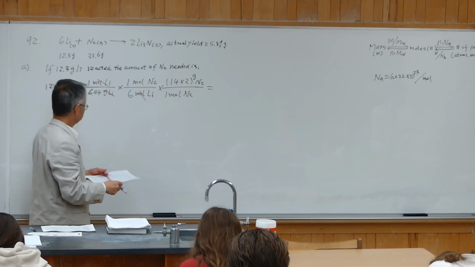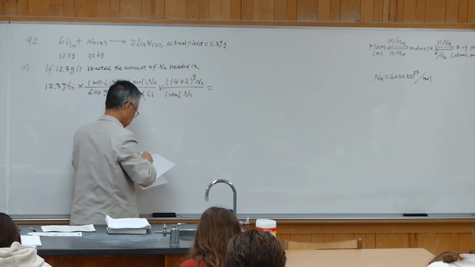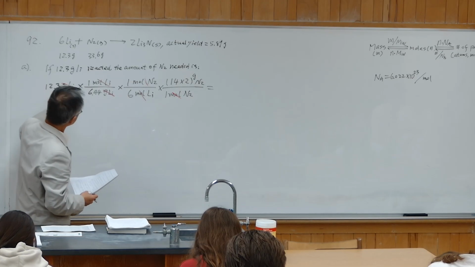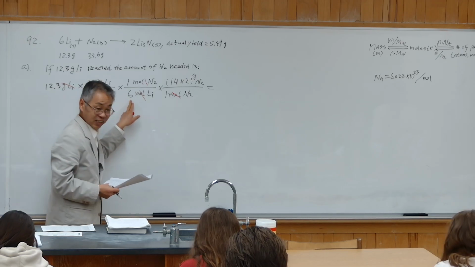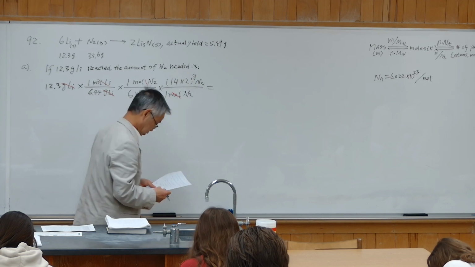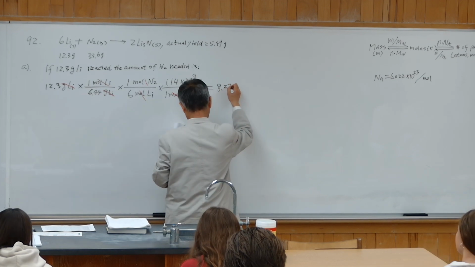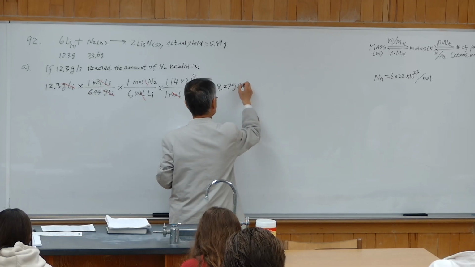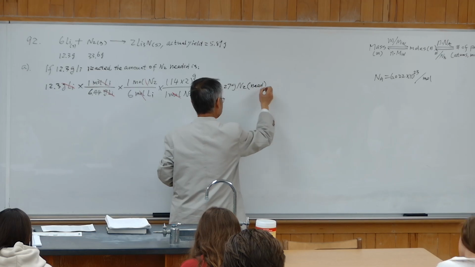Use your calculator: 12.3 divided by 6.94 divided by 6 multiplied by 28 gives 8.27 gram. So this is the nitrogen needed.